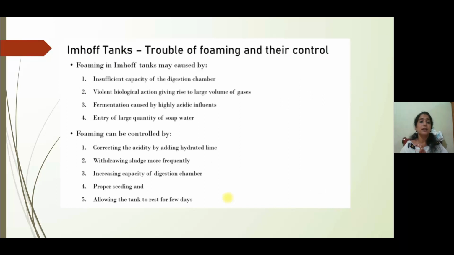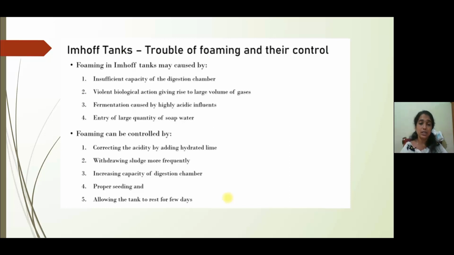Then the troubles in an Imhoff tank. The main trouble is foaming. Foaming is the main trouble caused during the operation of an Imhoff tank. It can be caused by insufficient capacity of the digestion chamber.